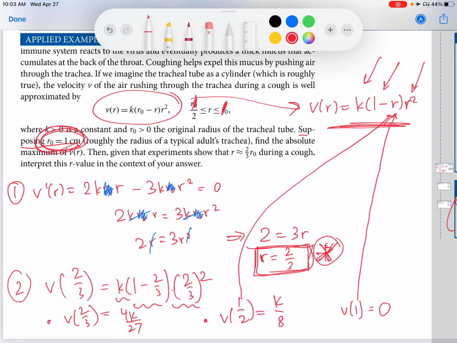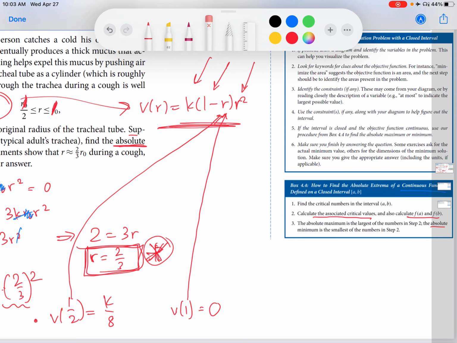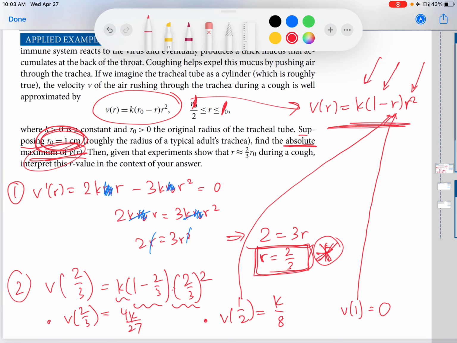So now what I want to do, because I'm looking for the absolute maximum, we are now in step 3 of this procedure. What is step 3? I will compare these 3 numbers, these 3 y values, and find the largest, because I'm looking for the absolute maximum. Okay, so remember k is positive. So both this number down here and this one are positive.